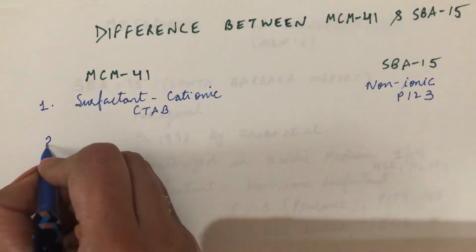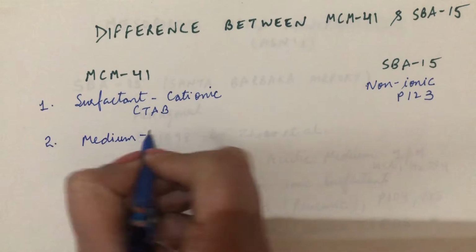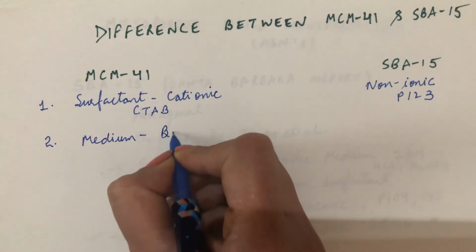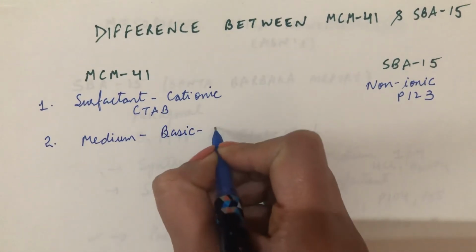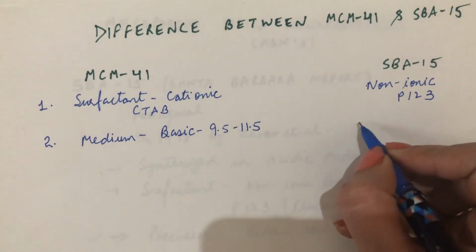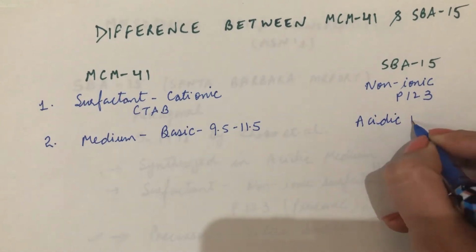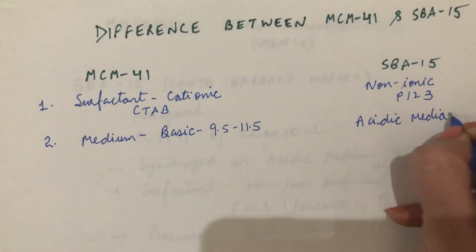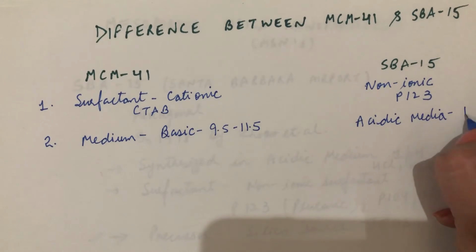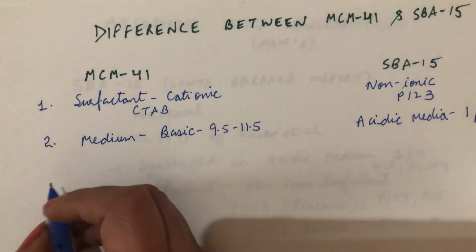Now the second one is the medium, right? Here it was the basic media, generally 9.5 to 11.5. Here it is the acidic media, generally lower than 1 pH, right? So this is the difference.